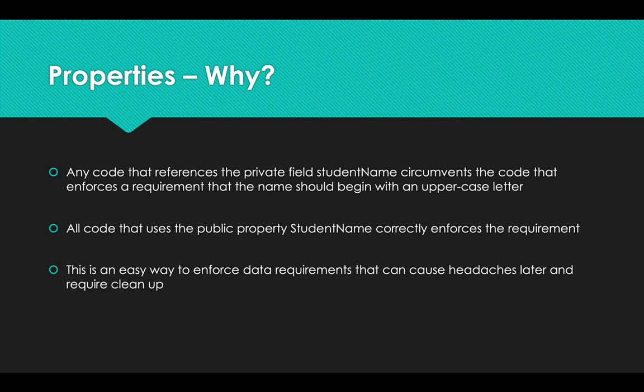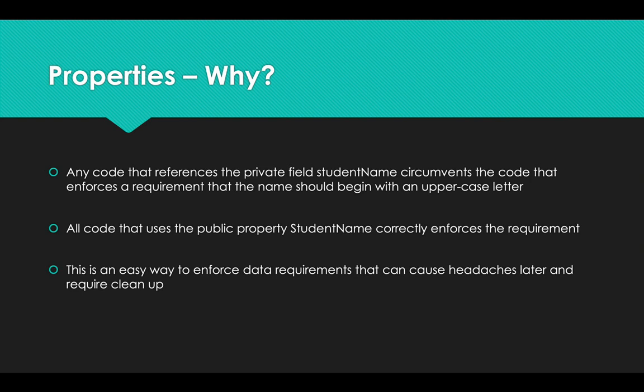So the real question around properties is, why do these things exist? Basically what you want to do is use properties anytime an external class has access to a property on the class that you were actually working with. The reason is because you want to maintain the integrity of the state of your class within the class.